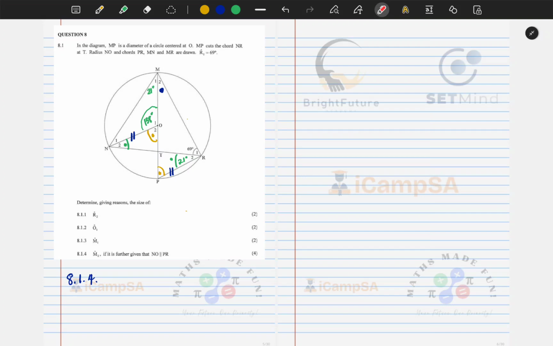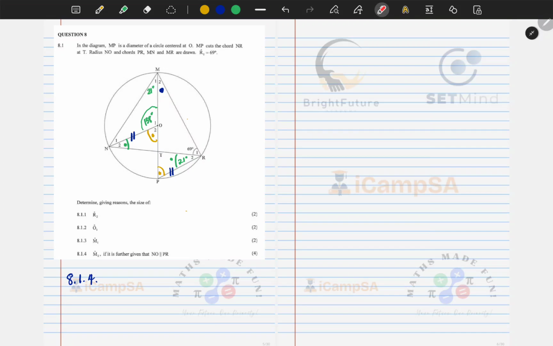The statement that they gave us has already given us a clue. So what I'm going to do is, I know that if I find this angle, which is angle O2, that means that I would have angle P. And if I have angle P, remember I also have angle R. That means that in this triangle, the only angle that I'll be left with is this one.